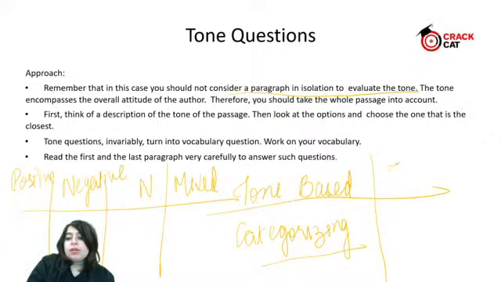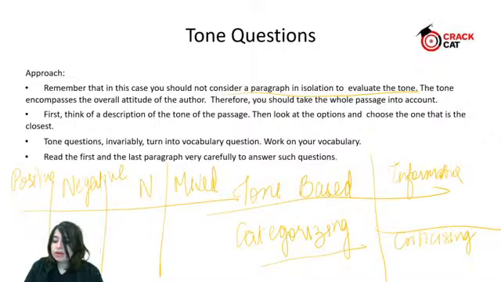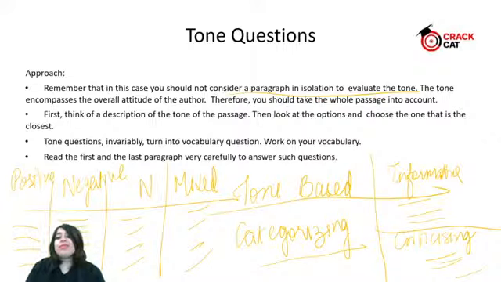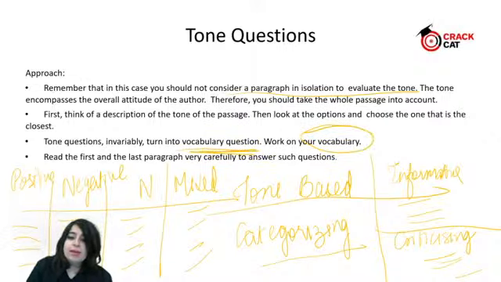There are informative tones. There are criticizing tones, right? So there are various types of tones and categories which are there, and I'll be teaching you some terms which have been coming under these categories over the years on the CAT examination. So it becomes easier for you guys to remember them, and then tone questions, just like I said, they turn into vocabulary questions. So we are going to work on this vocab and try to mark the correct answer.